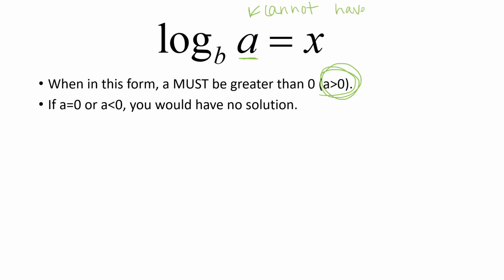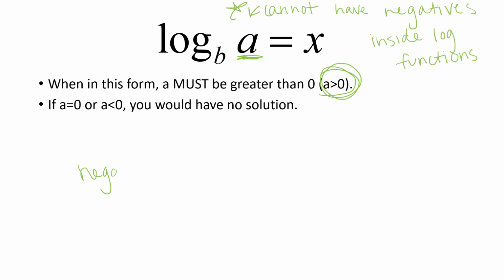have negatives inside log functions. This is important. If we're ever trying to plug in a negative inside of this log function, you will know that it is an extraneous solution.